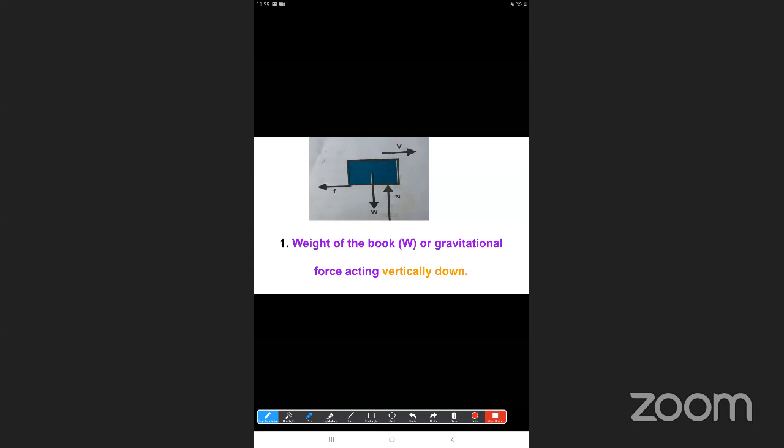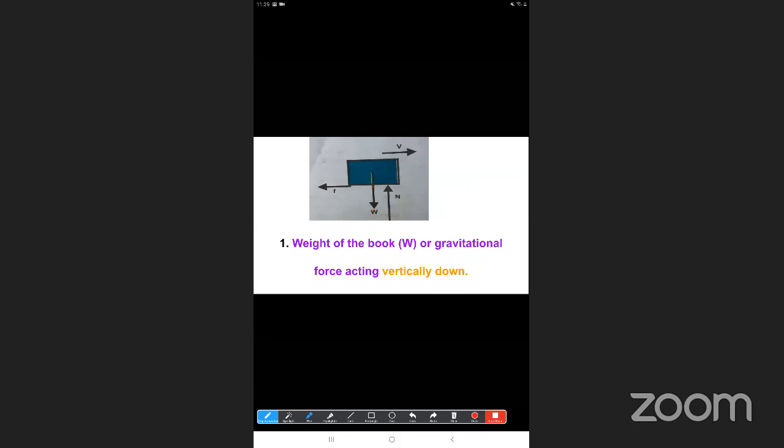One is the weight of the book, or we can say gravitational force, acting vertically down. It is denoted with W. So this is one of the forces acting on the book vertically down.